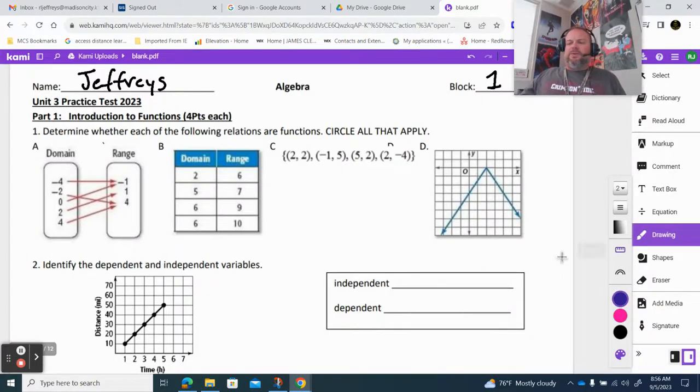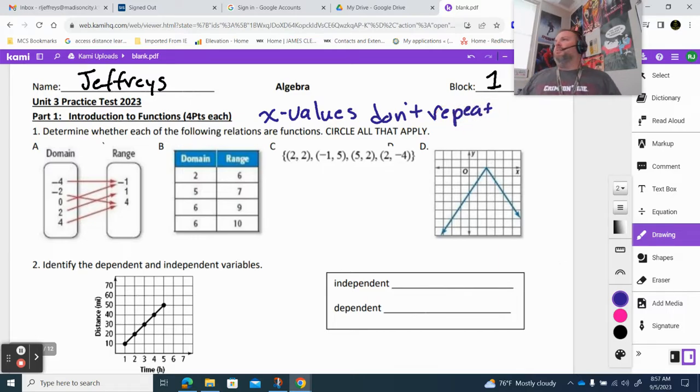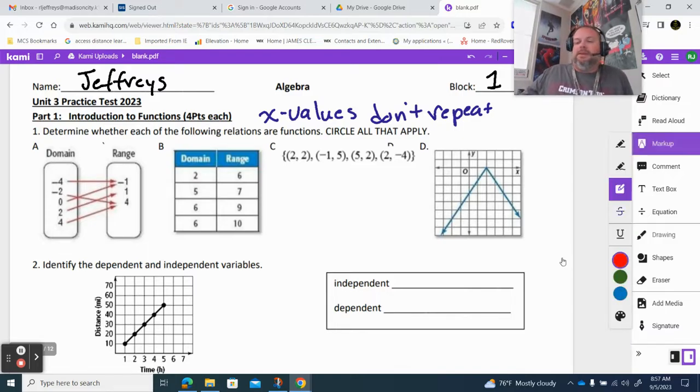Okay. So remember on this, X values don't repeat. Now I'm really, again, so many people said I don't go over the rules, so I'm going over the rules. Okay.